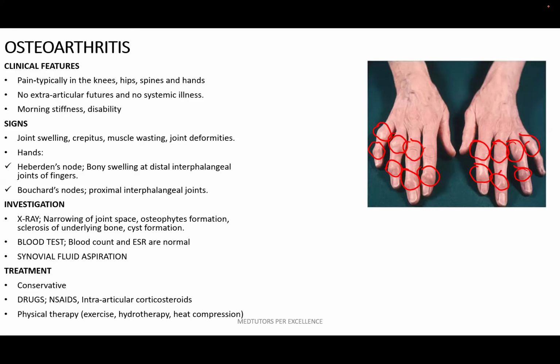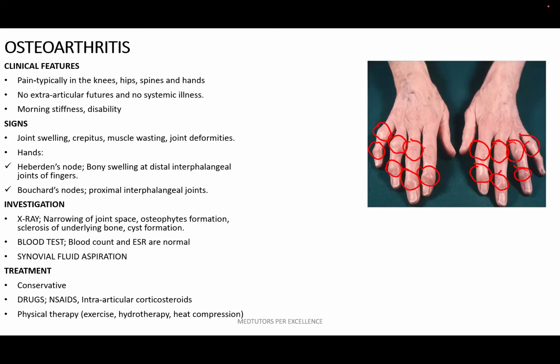I'll do rheumatoid factor. I can't hear you. Okay, I'll do anti-nuclear antibody.